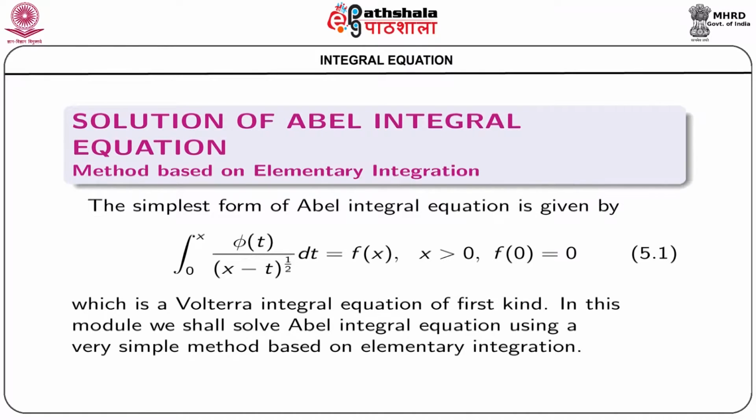Now we consider the simplest form of Abel integral equation, which is given by equation 5.1. Here the unknown function is phi(t) and the kernel of the integral equation is (x minus t) to the power minus half.